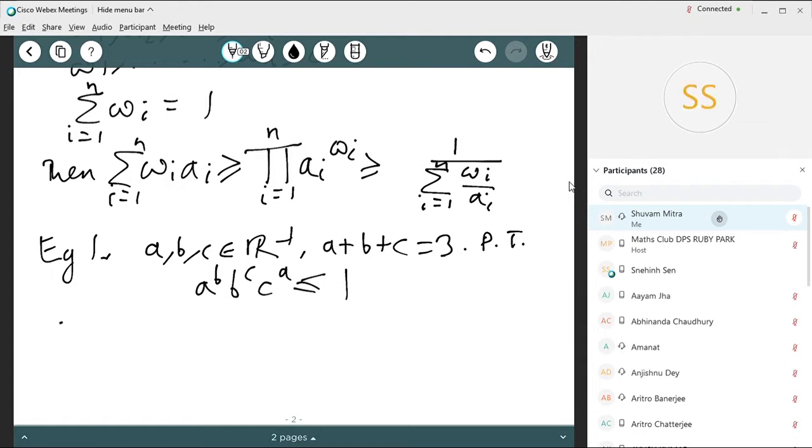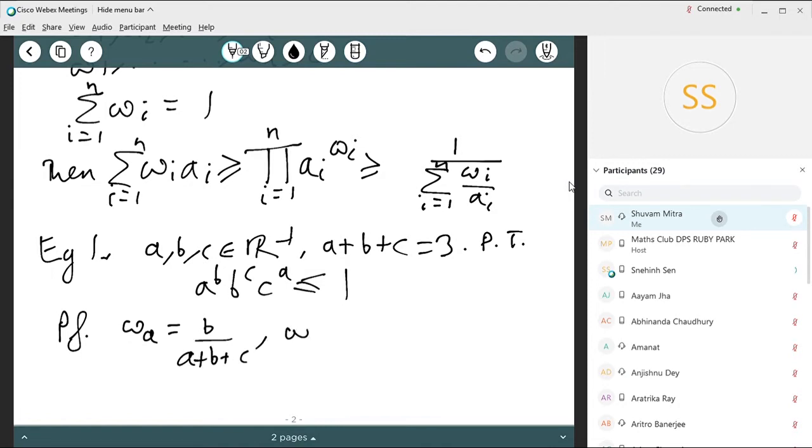Correct. Good. So basically, the best thing over here is if we assign weights as such: W of A, the weight of A, is equal to B by (A plus B plus C).